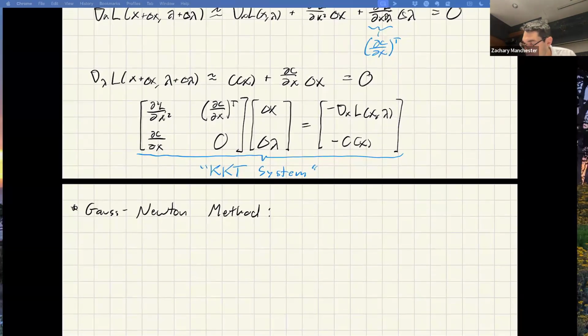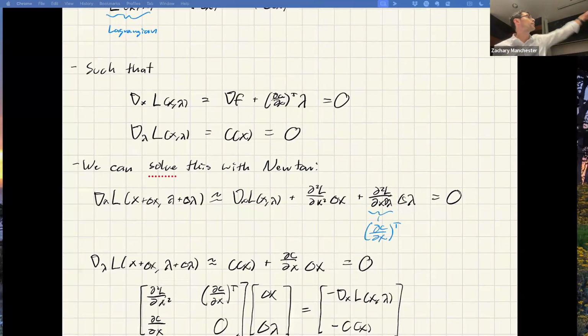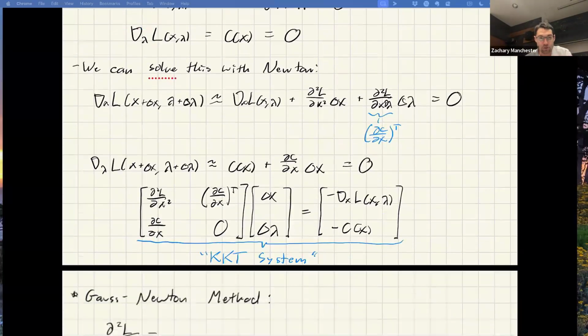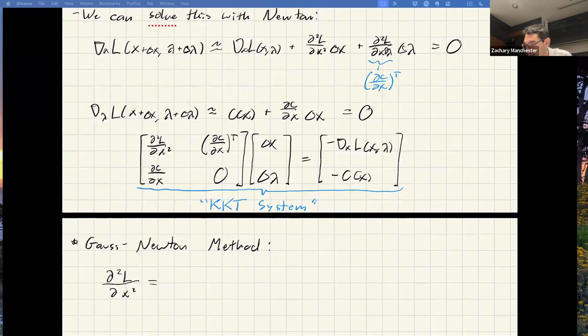This is d squared L dx squared. If I look at what L is up here and expand this out a little bit, the first thing is it obviously has the Hessian of the objective function. That's cool. We're fine with that. But then it also has this second term, which I'll write out like so.